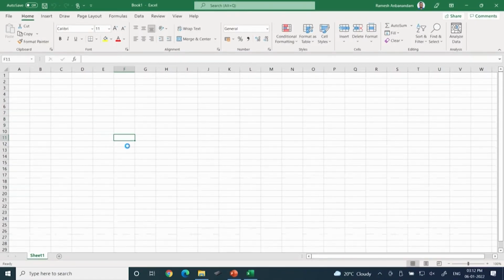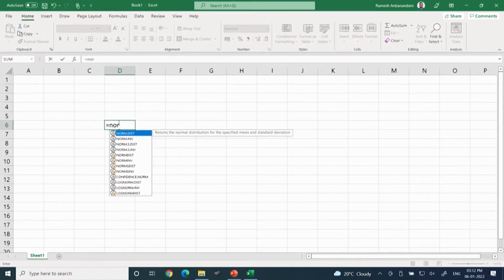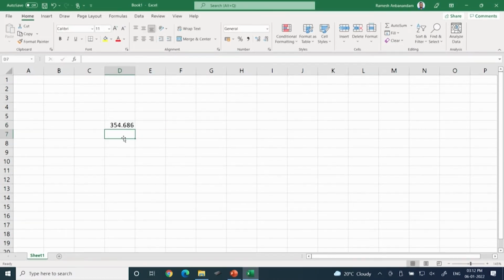Now, I will explain how to find out the value of m, that is the replenishment level. We use NORM.INV, where the left side area is 0.99, mean is 250, standard deviation is 45. We are getting the value of about 355.